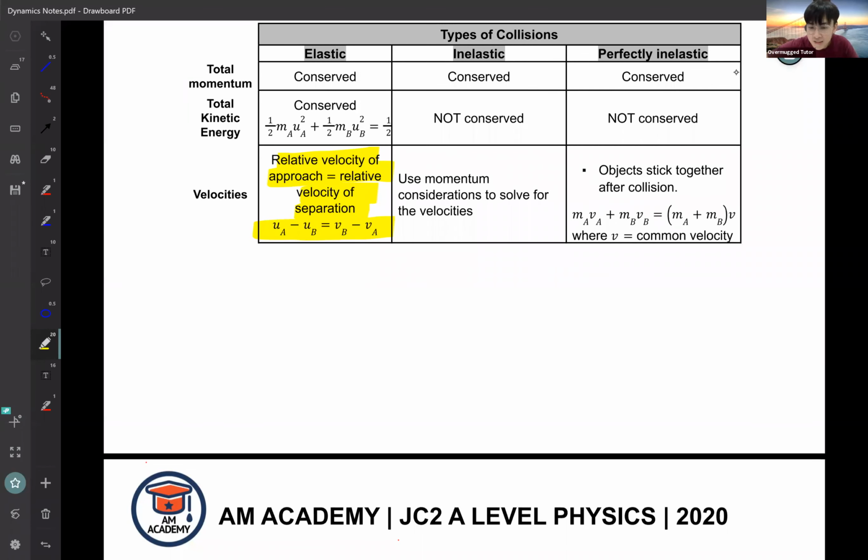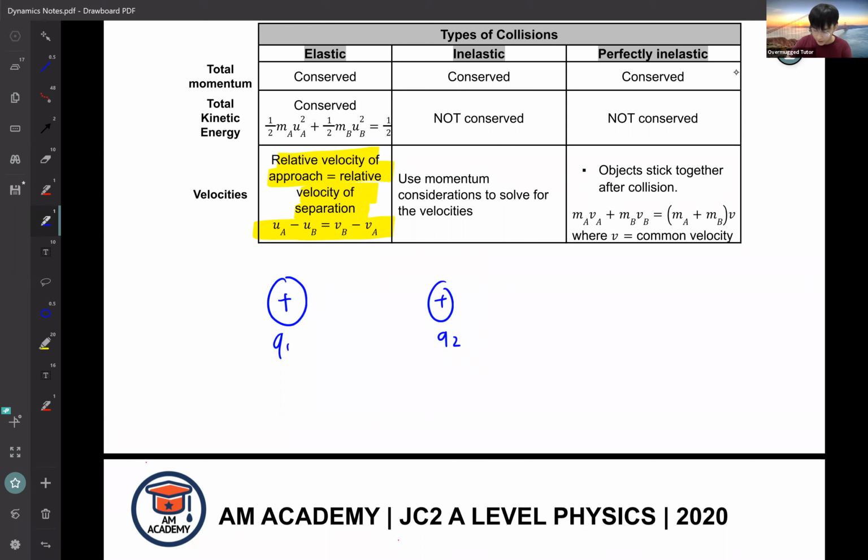On why it is converted mid-collision, let me give you an example. If you have already covered electric potential energy or electric fields, consider a collision between a positive charge Q1 and a positive charge Q2.